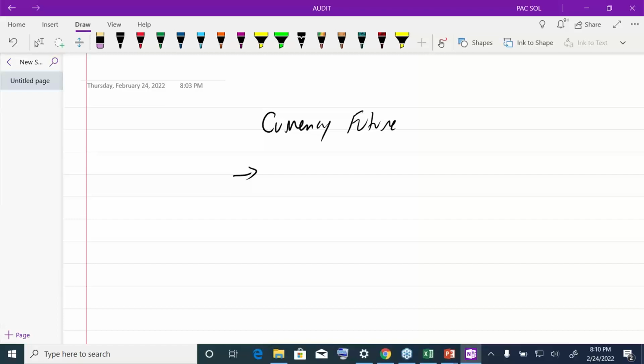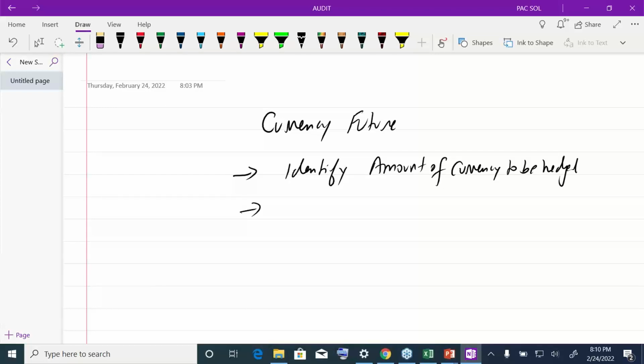Number one, identify the amount of currency to be hedged. Second, identify whether you are going to buy or sell future, and remember, this should be according to the contract size currency.